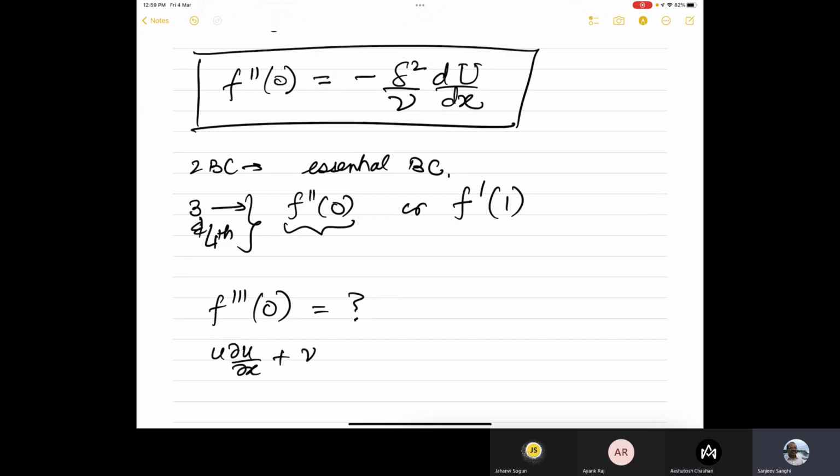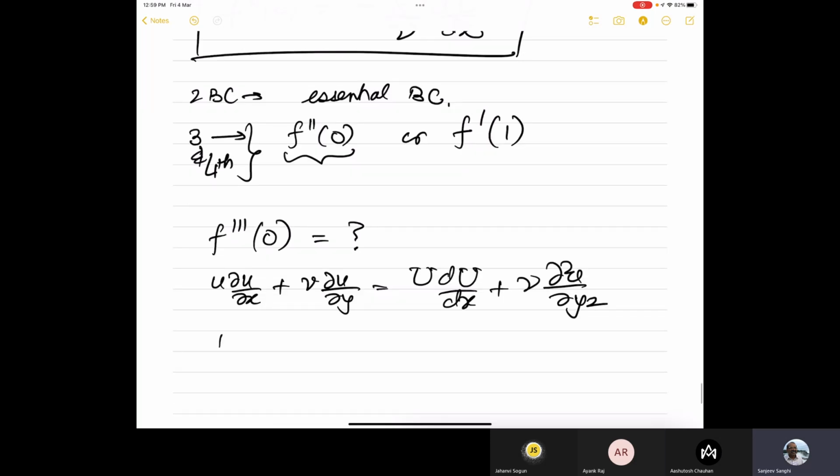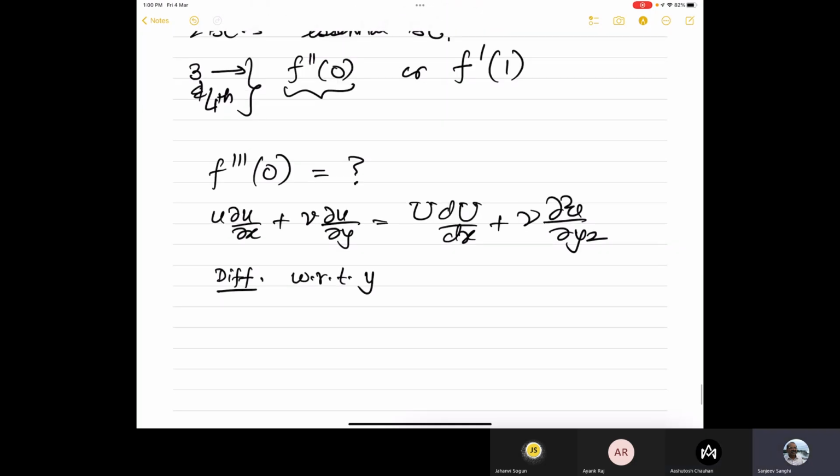So we have u du by dx plus v du by dy is equal to capital U du by dx plus nu d2u by dy square. So we differentiate this with respect to y.